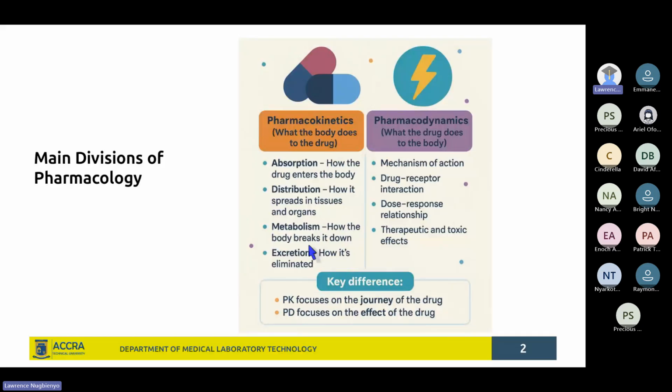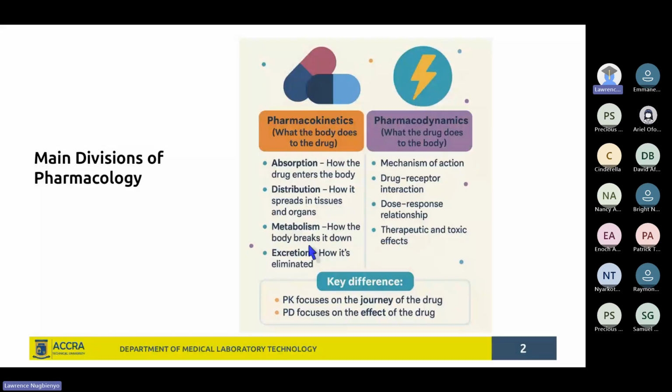And you have the pharmacodynamics, referring to the activity of the drug on the body. So here you look at the mechanism of action of the drug.